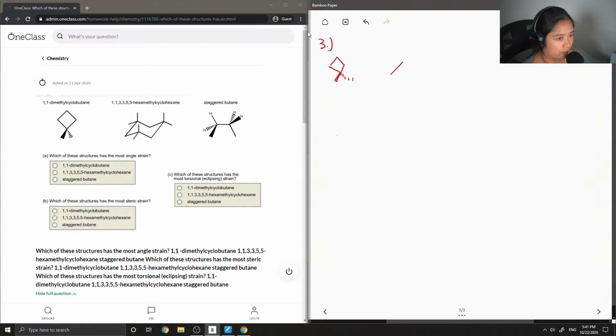I was never good at drawing these chair configurations. And it looks like each of these just has a methyl group coming out of it. Then this is a staggered butane.